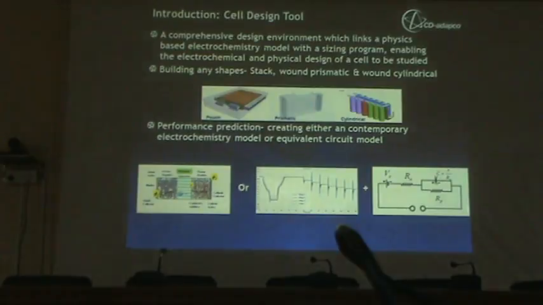You can always go back and change the numbers or the geometry of that particular cell or the material properties of a particular material. You can always add new materials also. For performance prediction, we have one detailed electrochemistry model and a couple of equivalent circuit models. I hope you're all aware of equivalent circuit models. Anyway, I'll cover them a little more in detail.